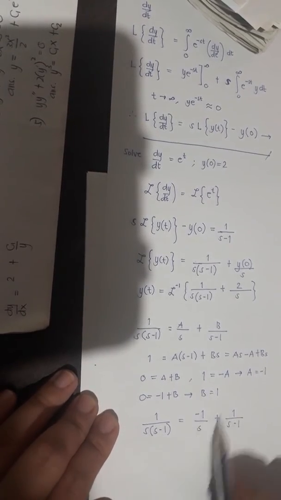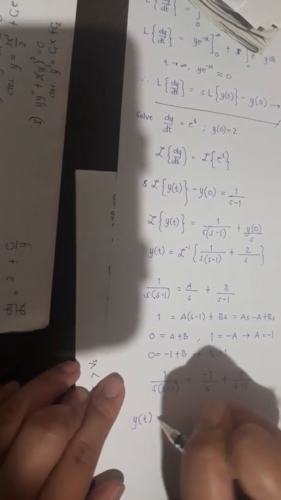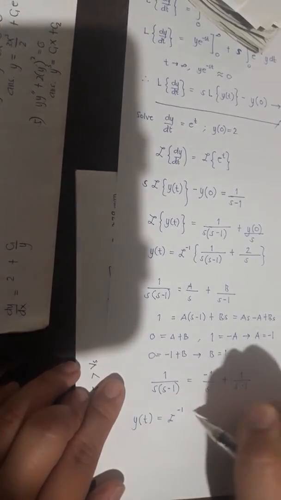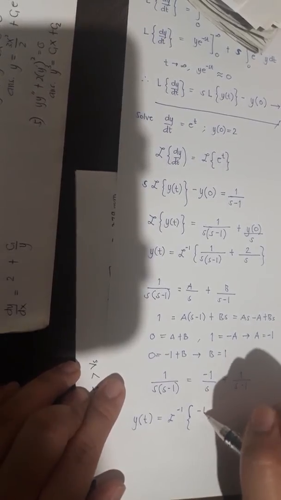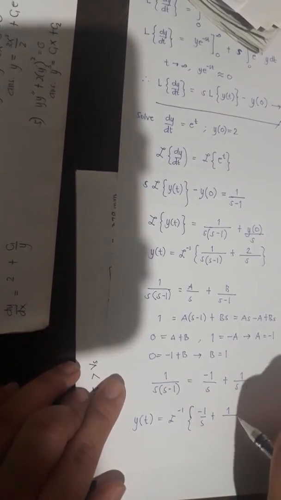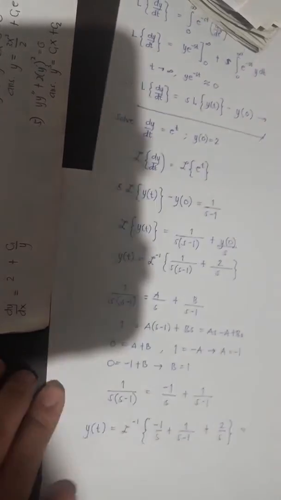Substituting here, we now have y as a function of t equal to the inverse of negative 1 over s plus 1 over s minus 1 plus 2 over s.